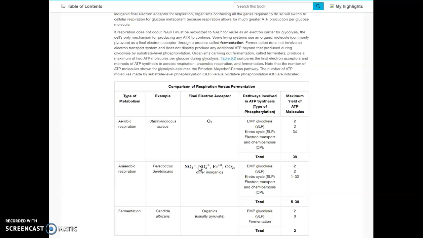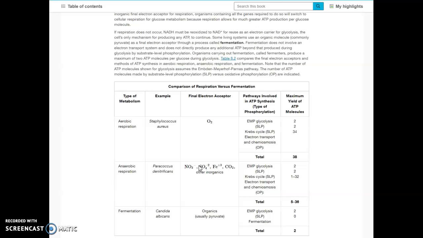So the organism is going to go through glycolysis, but then for whatever reason they can't go into those other pathways, the Krebs cycle or the electron transport chain. They've got to find a way to remove the electron that was taken in glycolysis so that that electron carrier can be reused. And so some organisms can use pyruvate or another organic molecule as a final electron acceptor in the process of fermentation.